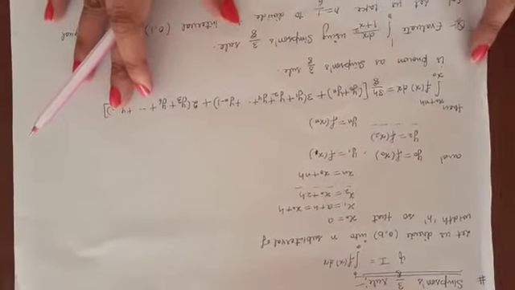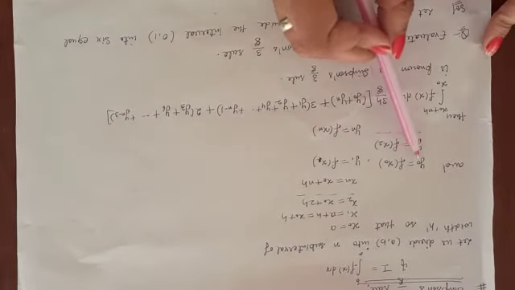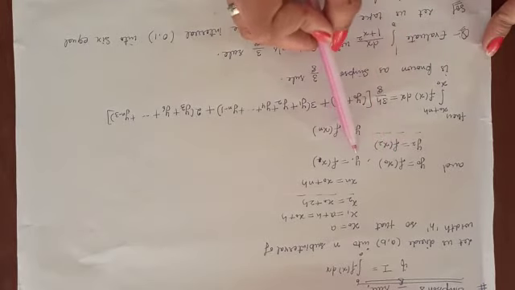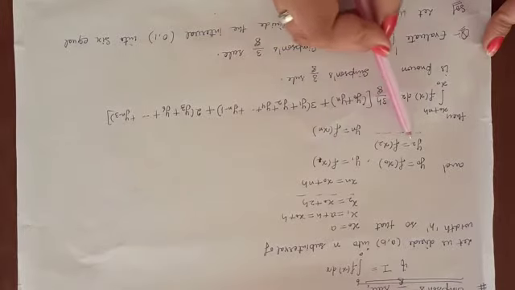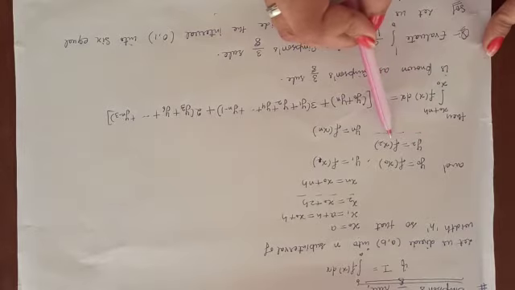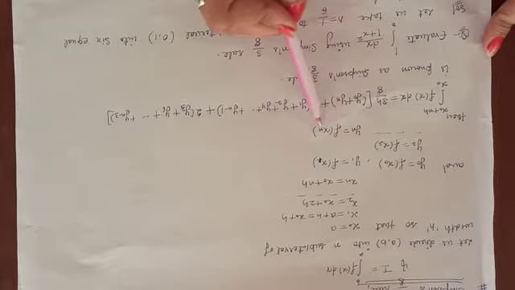Using the similar procedure, y naught is the value of y for x equal to x naught, y1 is the value of f of x at x equal to x1, y2 is the value of f of x for x equal to x2, and so on, up to yn equal to f of xn.